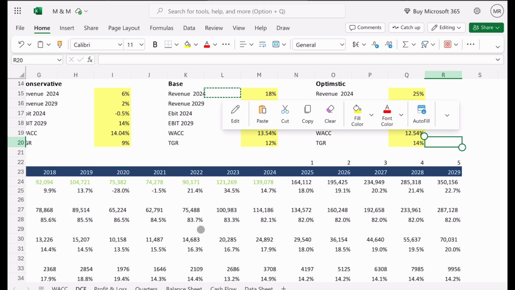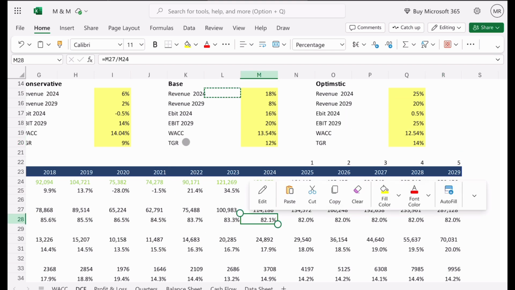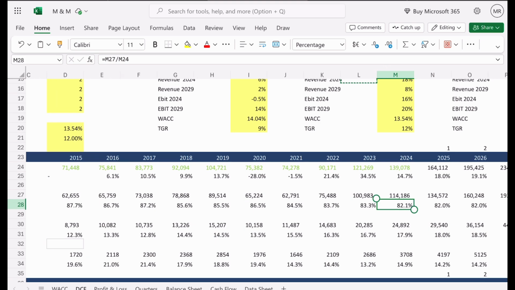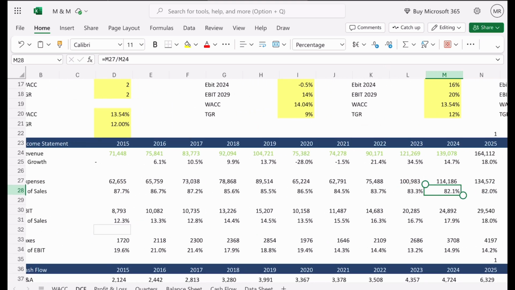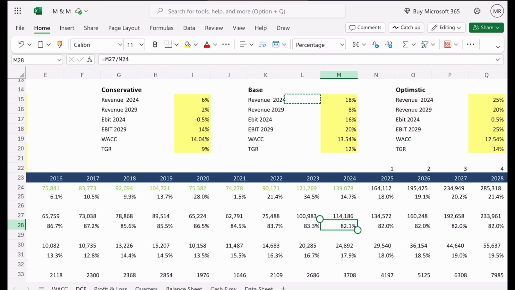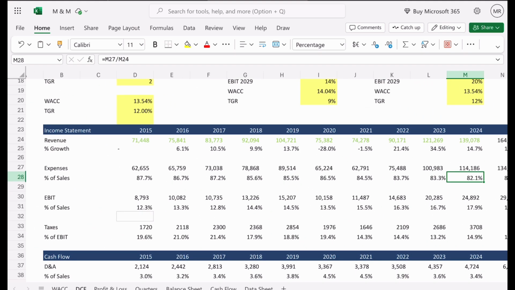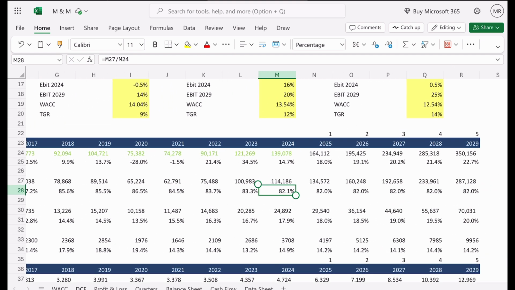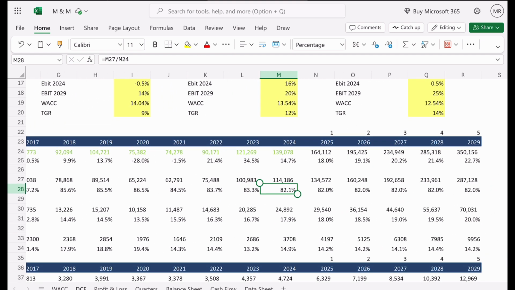I've kept the expenses constant. You can see expenses as a percentage of sales. It was always around 80, maximum 87 and 83. The company did well in controlling their expenses, so I've kept it constant at 82%. And EBIT is also growing.